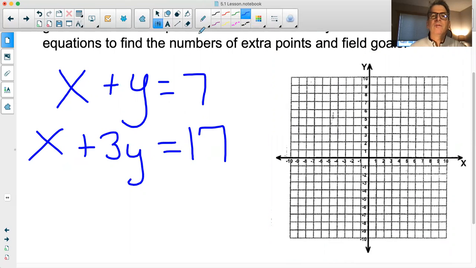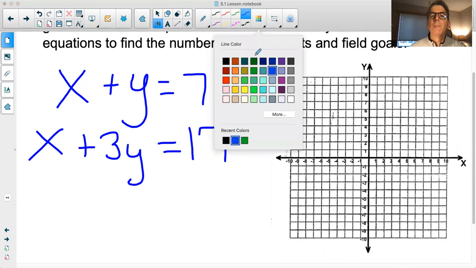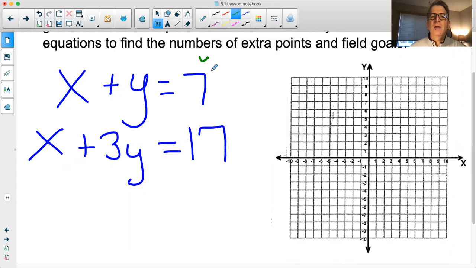Let's do that first. So at 7, I'm here, okay? And I'm going to go down 1 over 1. Down 1 over 1. Got it right this time. And as you can see, I got that -1 is the slope.